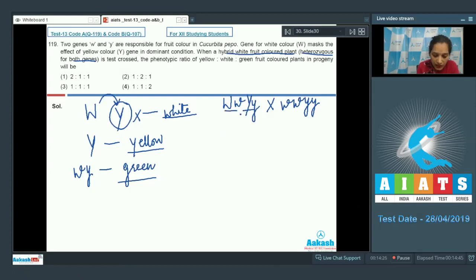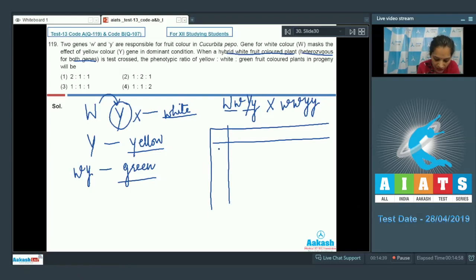The number of heterozygous pairs over here are 2, means 4 types of gametes will be formed. So you can make 4 types of gametes over here. It will be capital W capital Y, capital W small y, small w capital Y, small w small y, right?